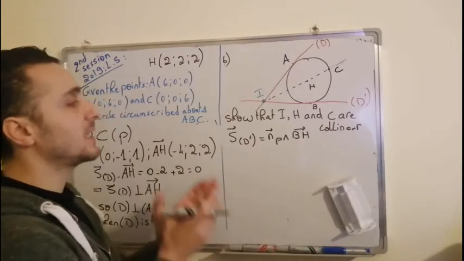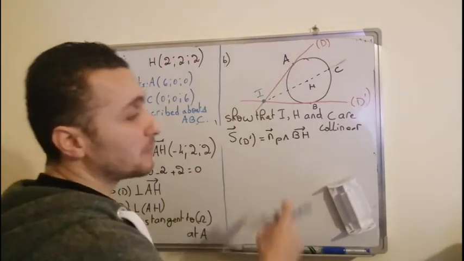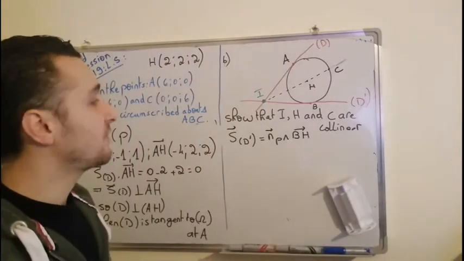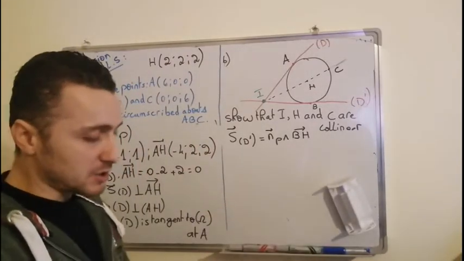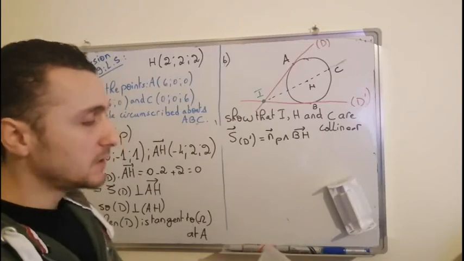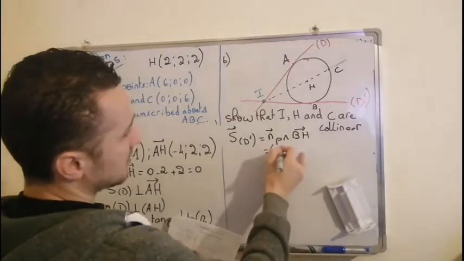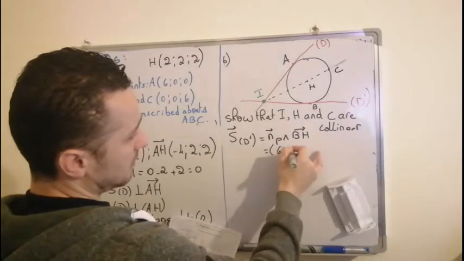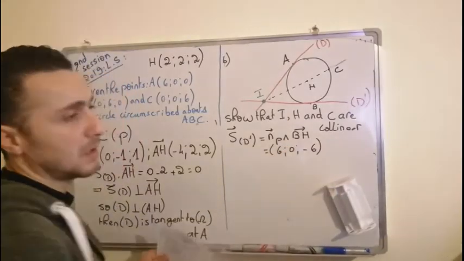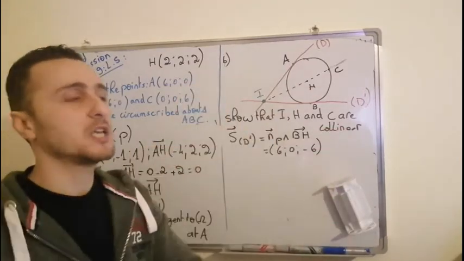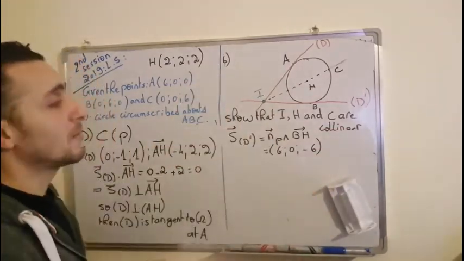That is why NP vector product BH represents the direction vector of the tangent line D prime. I did the calculation, so I'll give you the answer directly. The answer equals 6, 0, minus 6, by using the determinant i, j, k, we obtain 6, 0, minus 6.